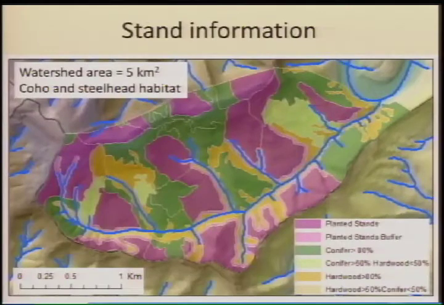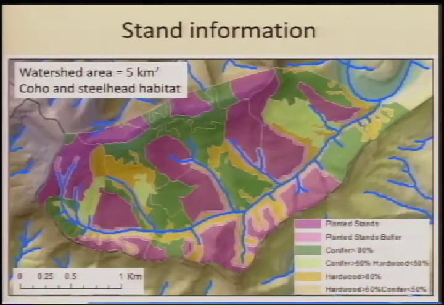So I've got some different data that I ran through here. This is a watershed, about 5 square kilometers in the Oregon Coast Range. The dark purple we can see here are planted stands, and then they've got a buffer in the light purple. The conifer is this dark green, and that's more than 80%.